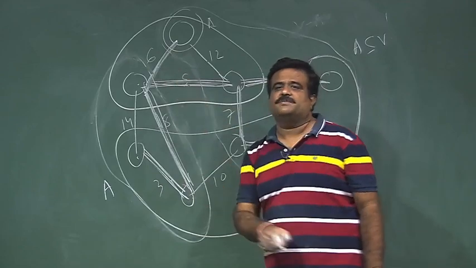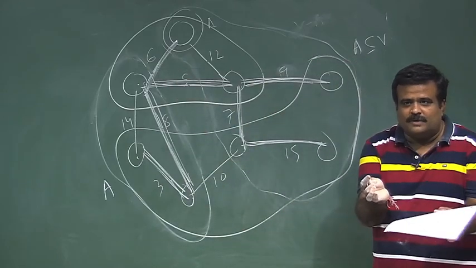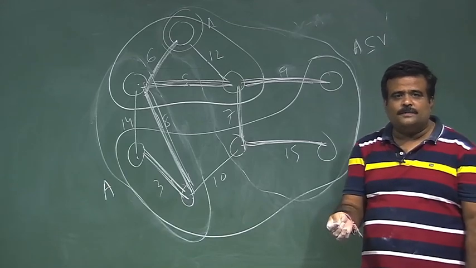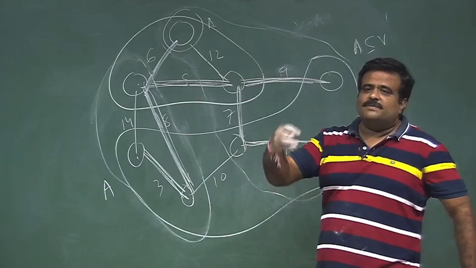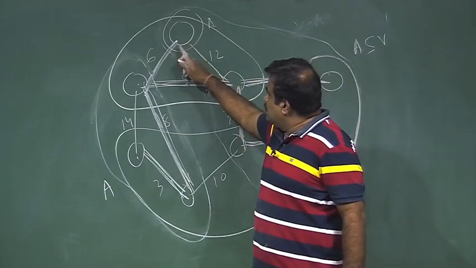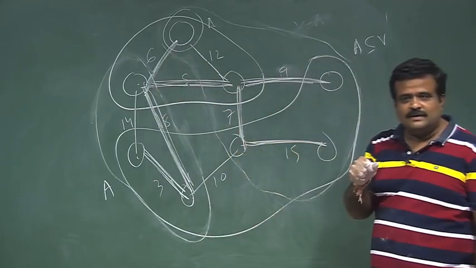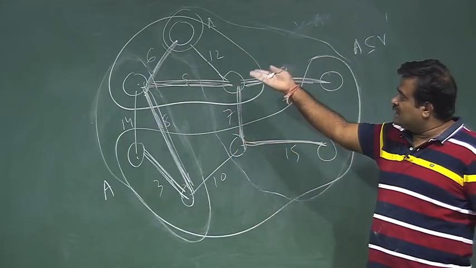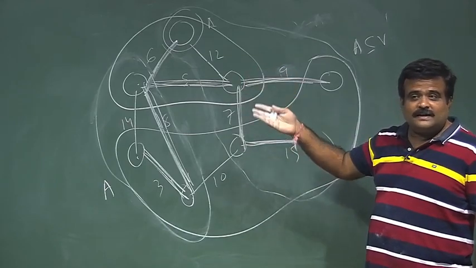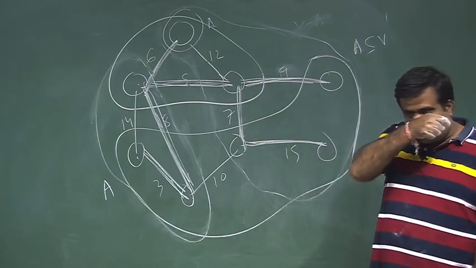So this has to be in the minimum spanning tree, and that is the greedy choice, the locally optimal choice. A locally optimal solution gives us the globally optimal one. If you start with this vertex, we just take this minimum edge. That is the hallmark for greedy.